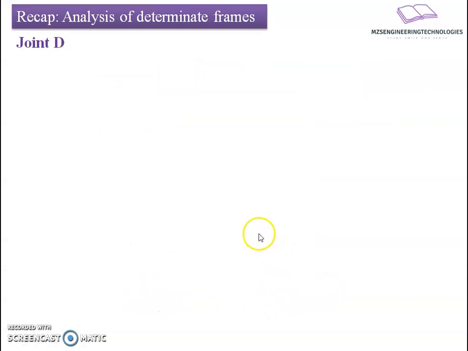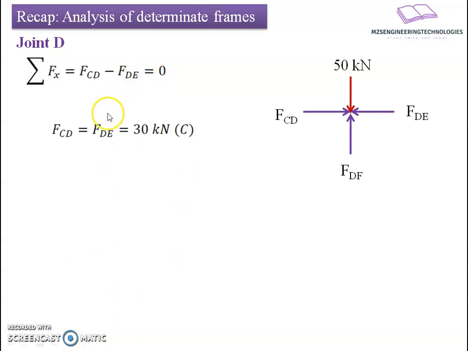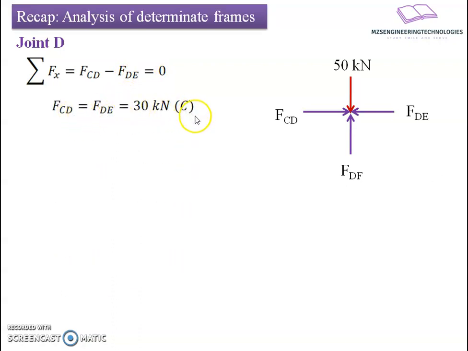Now I will move towards joint D. In case of joint D, I will have the free body diagram like this. Applied force is 50 kilonewton, unknown forces are FCD, FDF, FDE. From previous analysis, we have the value of FCD, so only two unknown forces are there. If I apply summation of Fx, I get FCD minus FDE equals 0, which I can write as FCD equals FDE, which equals 30 kilonewton in compression.